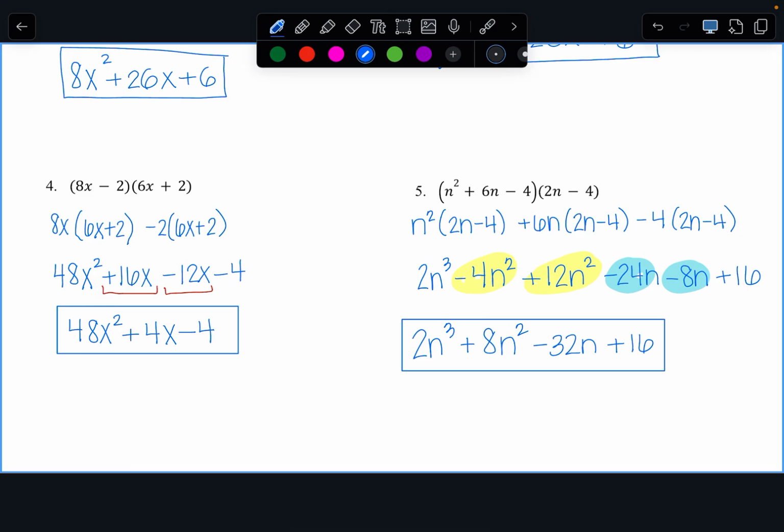Are you understanding each of the individual steps of how to distribute? And then your last step is to combine those like terms that have the same exponents.